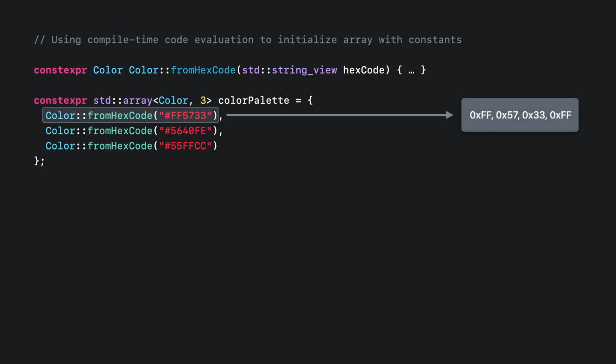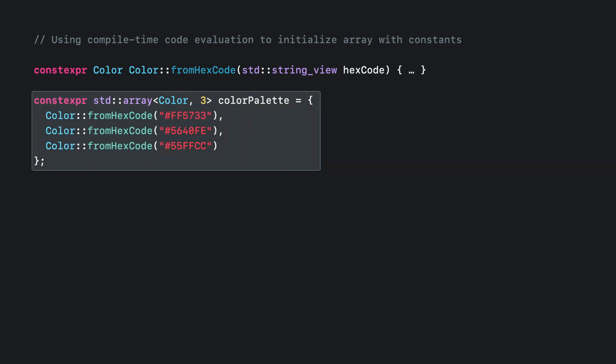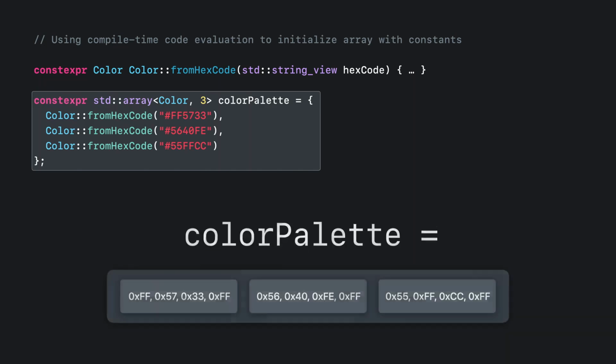The evaluation will produce a constant color value that will replace the original call to the function in the palette's initializer. Since all the calls to from hex code are now replaced by constant color values, the color palette variable is now guaranteed to be initialized by an array literal that contains constant color values.